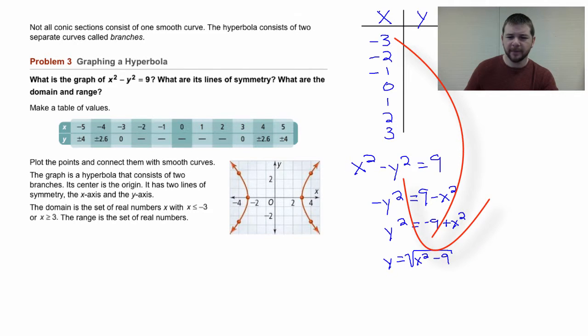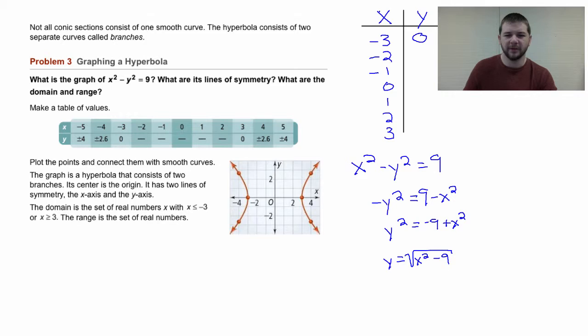Substituting in -3, -3 squared is 9, 9 minus 9 is 0. -2 substituted in for x. -2 squared is 4, 4 minus 9 is -5, and the square root of -5 is not a real number.